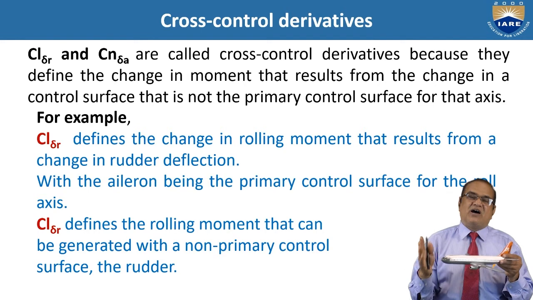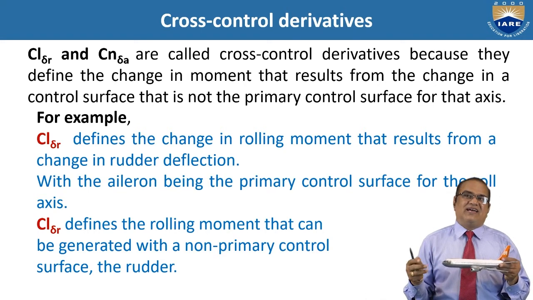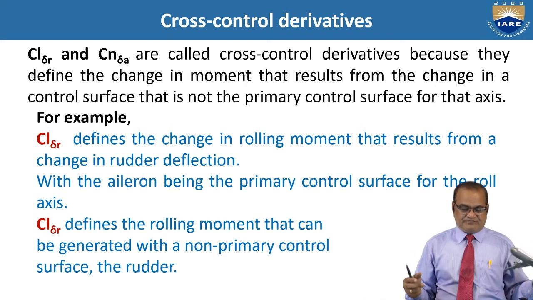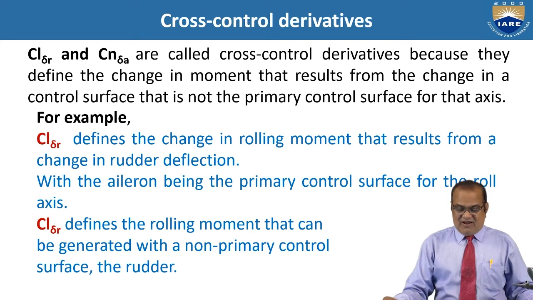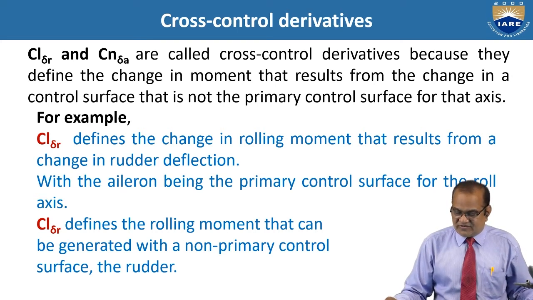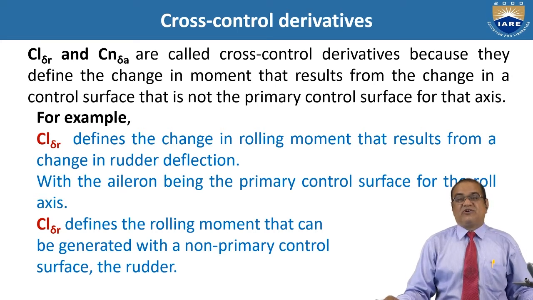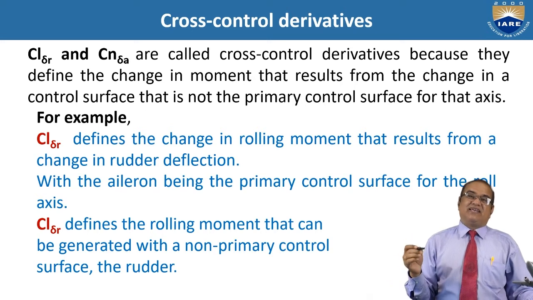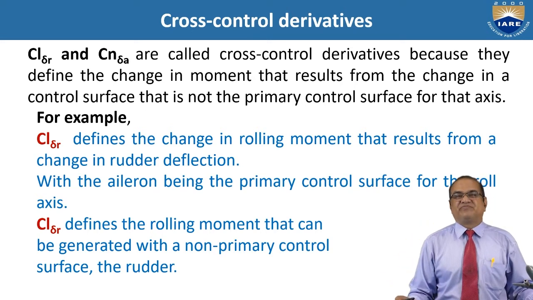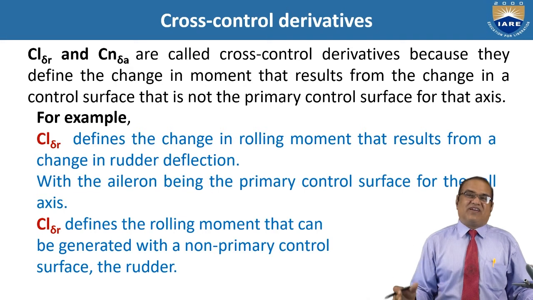So that is the objective of understanding the cross derivative. The aileron is the primary control surface of the roll axis, so here the aileron should be applied, but without application of the aileron, once we apply the rudder, this will take place in the same way.